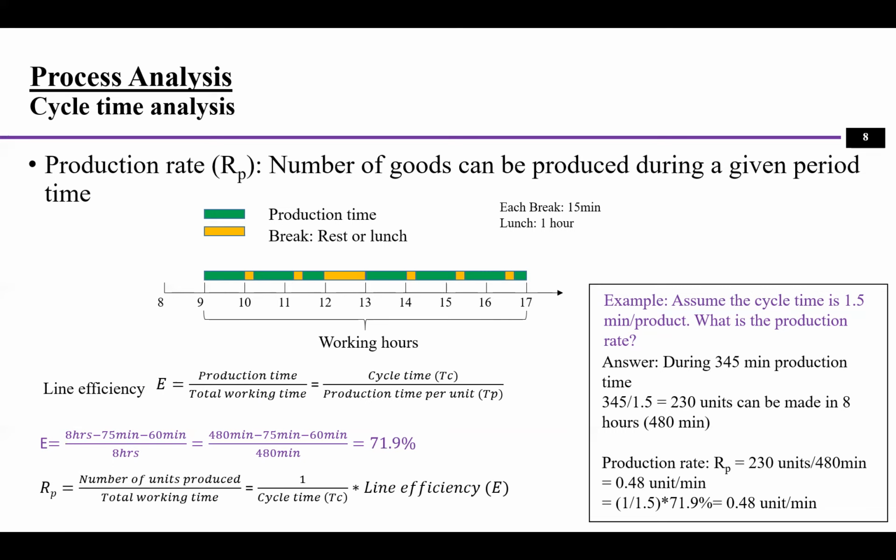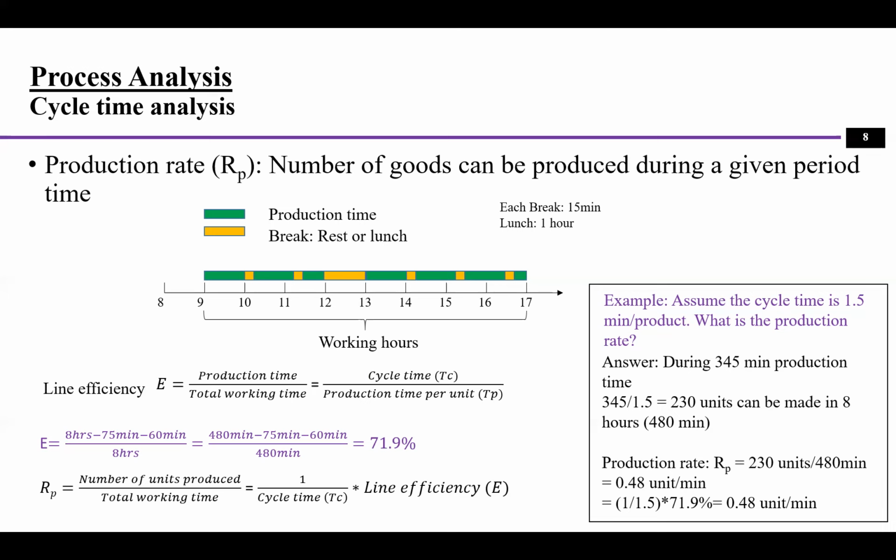Well, there's another way to calculate the line efficiency, which is to use the cycle time divided by production time per unit. Think about the case. Cycle time means what? Cycle time means how often I can make one product, or finish one process, and the unit of cycle time will be time per unit, right?